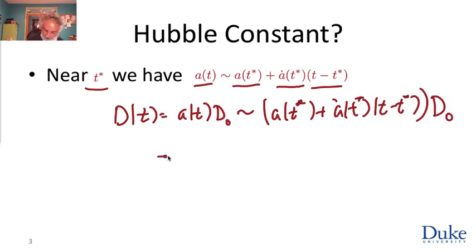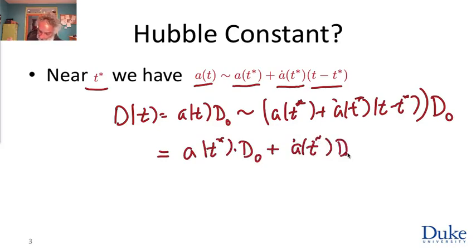Now, this we can expand. This times that is a of t star times d0. And the other thing is a dot of t star times d0 times t minus t star.